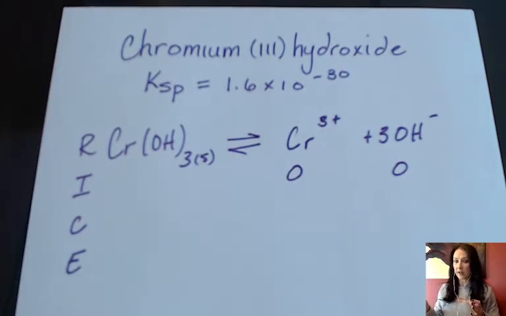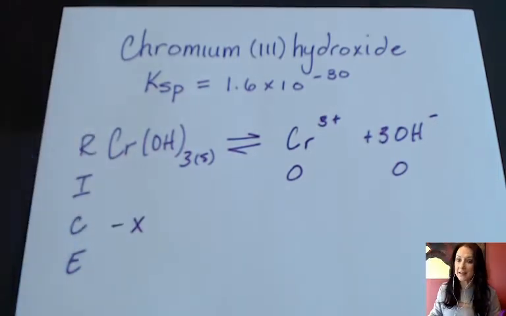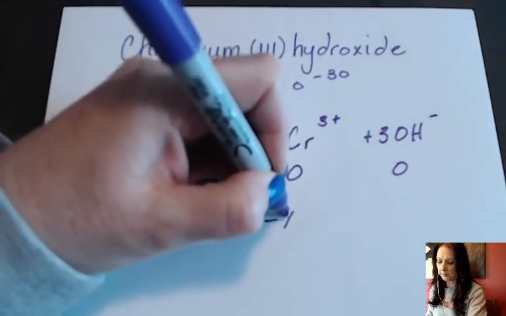Okay, so my product concentrations are always 0 to start. As we're approaching equilibrium, the chromium 3 hydroxide amount is getting smaller and smaller by some amount x. Right? We're not sure exactly what that is yet. And then at the same time, my product concentrations are getting bigger and bigger by some amount x. Again, we don't know exactly at this point what that is.